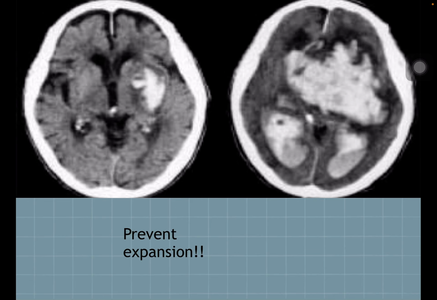So a second CT was done. There is a large increase in size of the initial hemorrhage with extension to the ventricular system. So for the take-home message, about 25% of ICH expansion can occur within the 24 hours after hospitalization.